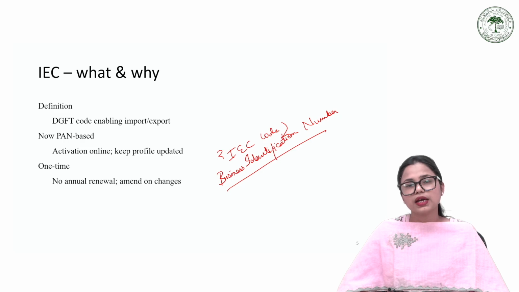And it is a one-time application. An exporter need not renew it annually or at any other time interval, but if there are any changes in the business, then those changes must be properly tracked and maintained, updated on the DGFT portal.